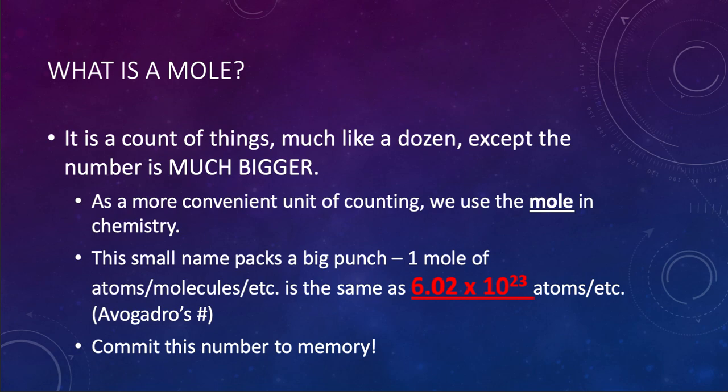Okay, a mole is some count of things. It's usually used for atoms or molecules or ions, or in the case of ionic compounds, we talk about formula units. Okay, but it's that big number of those things. You need to know this number, so go ahead and commit it to memory. All right, that would be a really good idea because we will refer to it quite a bit.